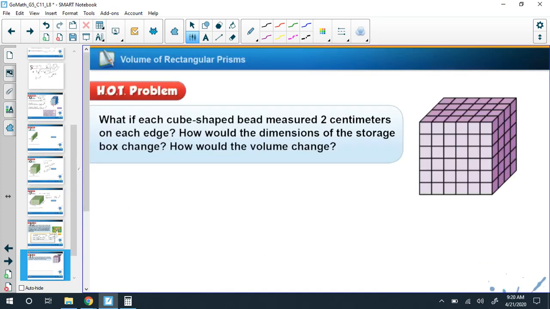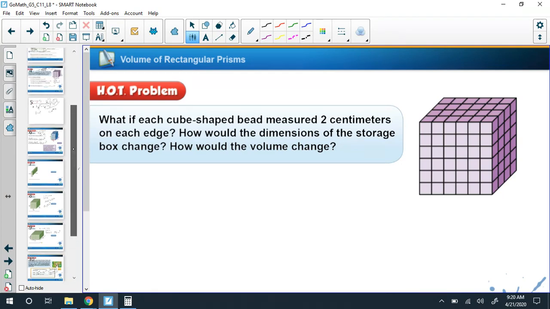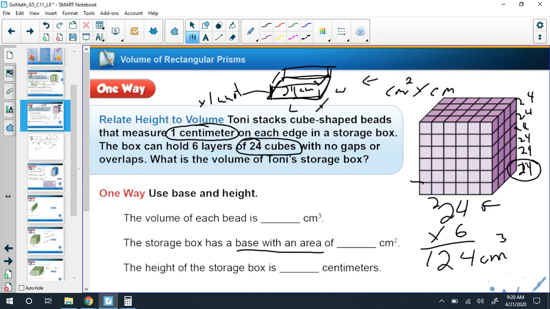All right, we're going to take a look at one other problem today. And this one relates back to the problem that we did earlier, where we looked at this one, right? So relating the height to volume about Tony's stacked cubes. Remember that here we found that our volume was 124 cubic centimeters. Each of these cubes had a side length of 1 centimeter, giving it a volume of 1 cubic centimeter.